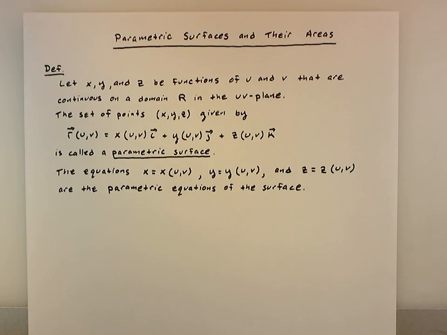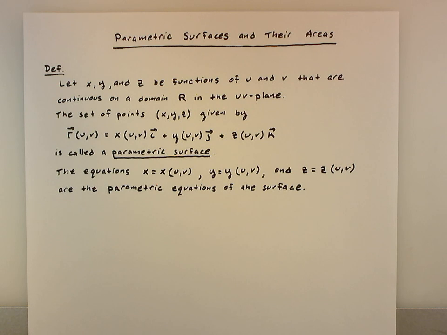Parametric surfaces and their areas. So now we will learn how to represent a surface in space by a set of parametric equations. So definition, let x, y, and z be functions of u and v that are continuous on a domain R in the UV plane.